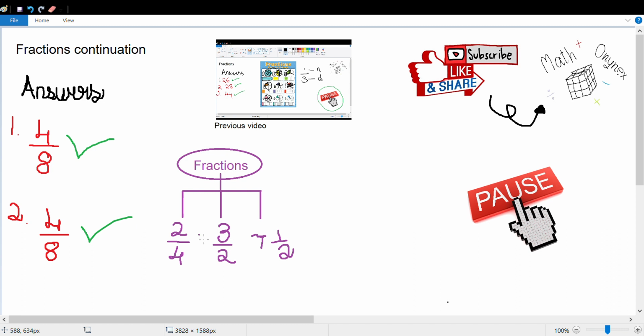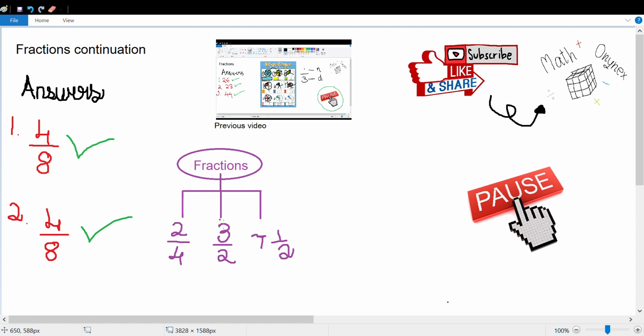I'll tell you what the difference between them is. A proper fraction has a numerator that is smaller than the denominator.